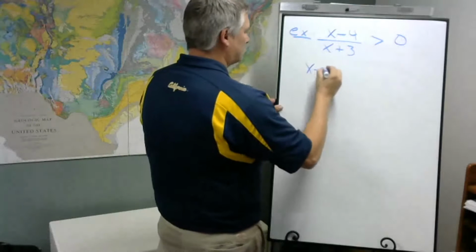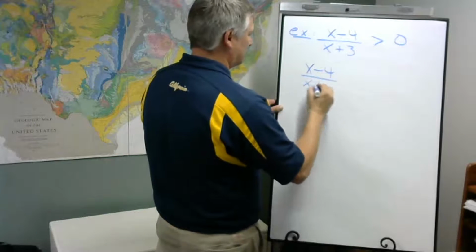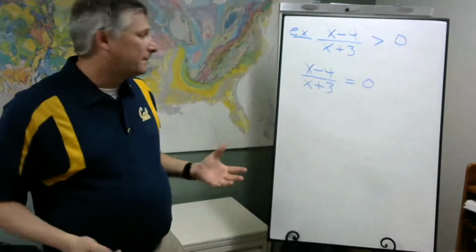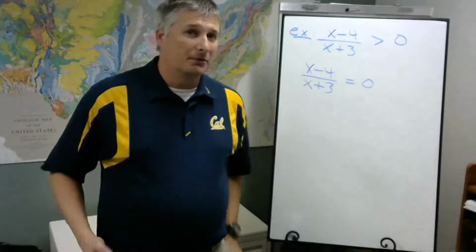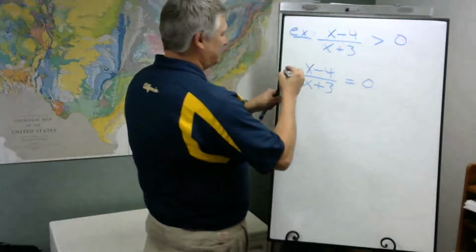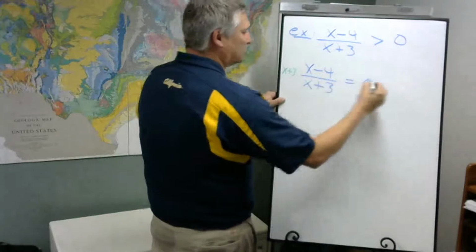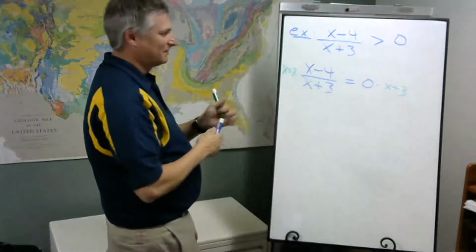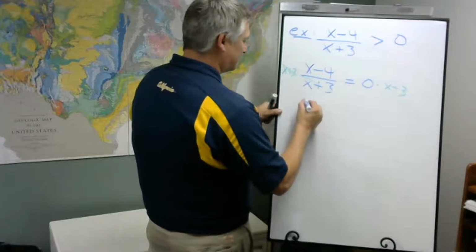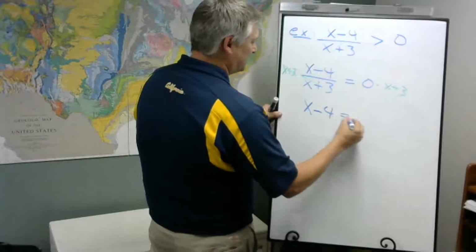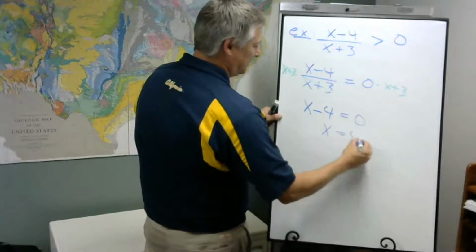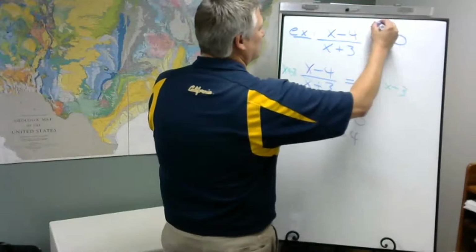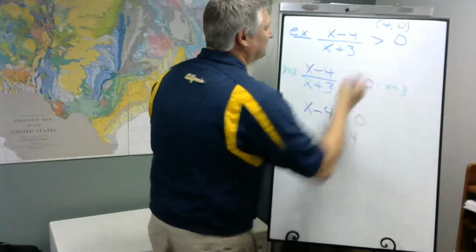And so we start out with that equal to 0. And again, ultimately we're setting this top part equal to 0. So we could multiply, but just to show where that comes from, if you were to multiply both sides by x plus 3, that would cancel. You'll get x minus 4 is equal to 0, or x equals 4. So that means we're going to have some x-intercept at 4, 0.